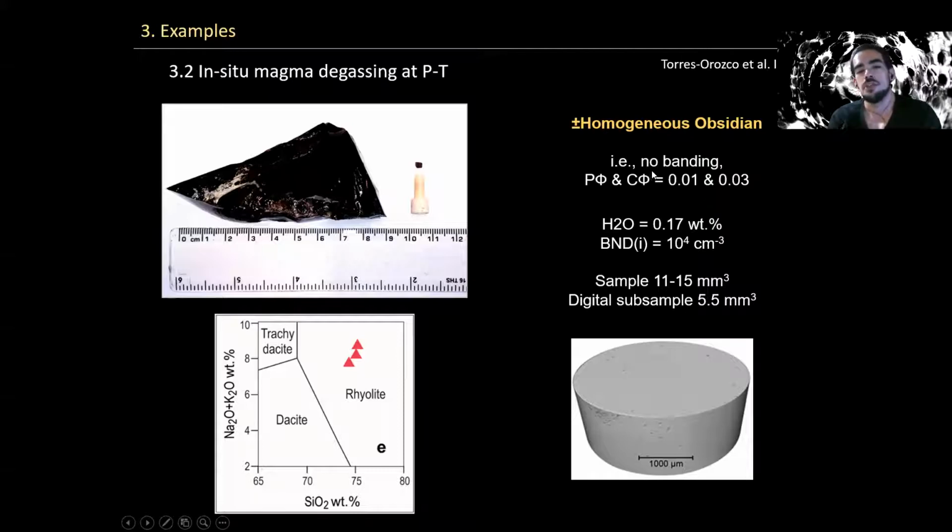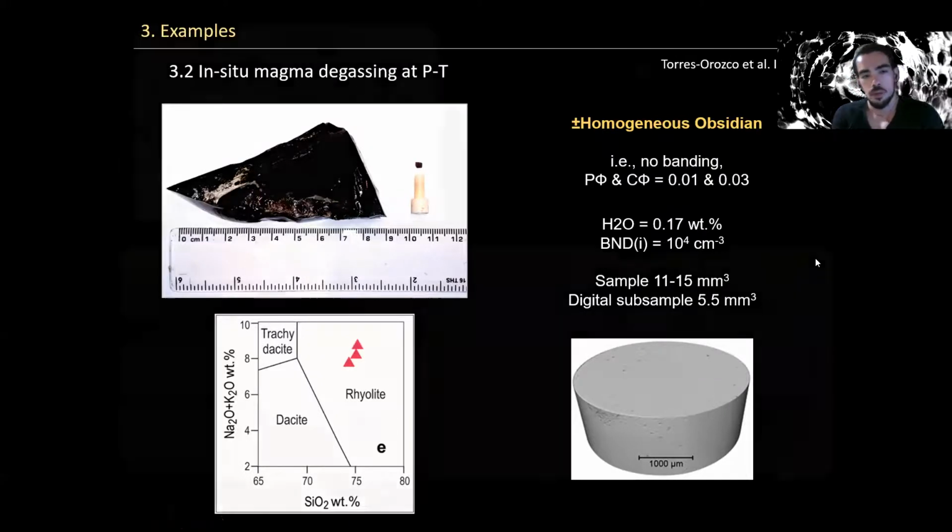Homogeneous means that it has no banding of crystals or vesicles that could make it heterogeneous in different areas, that the porosity and crystallinity are nearly nothing, the water content is very low, and the initial bubble number density is also low. These are only the metrics of the sample from this core and the subsample that we use for quantification.